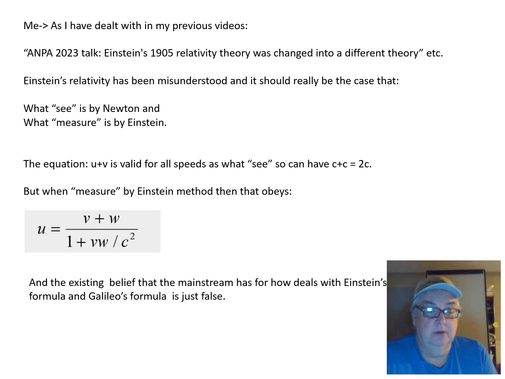So the equation u plus v, which is the Newtonian relative speed, is valid for all speeds as what we see. So it does give c plus v equal to 2c. But when you measure, if you're doing it by the Einstein method, then it obeys that more complicated equation. That is obeyed for all measurement of speed.